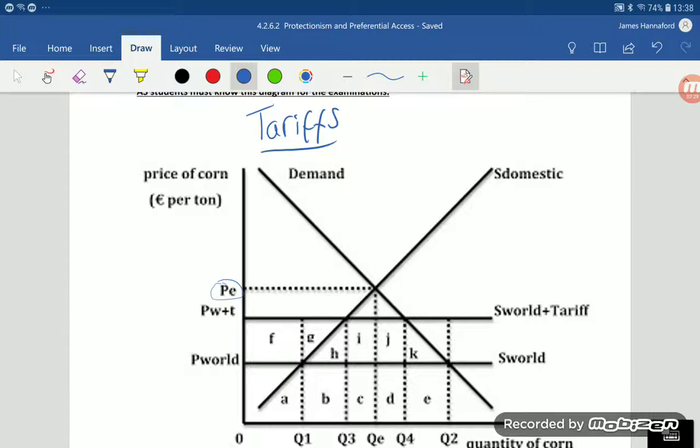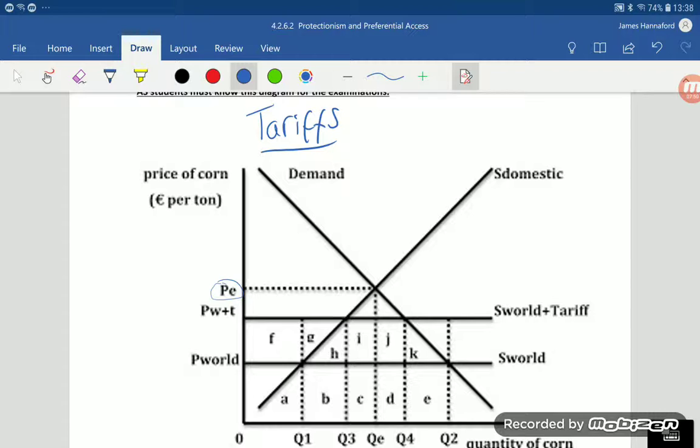Okay, so there's a perfectly elastic supply of corn at the P world price. In other words, more corn can be supplied at that price than the demand would be. So almost an infinite supply of corn.